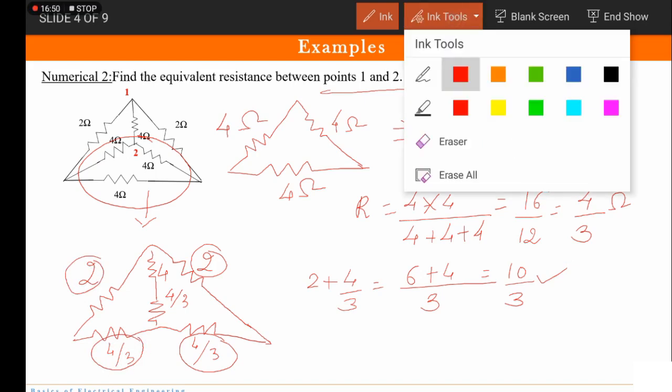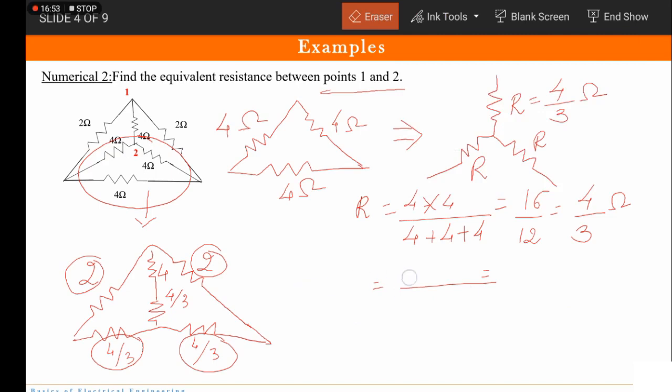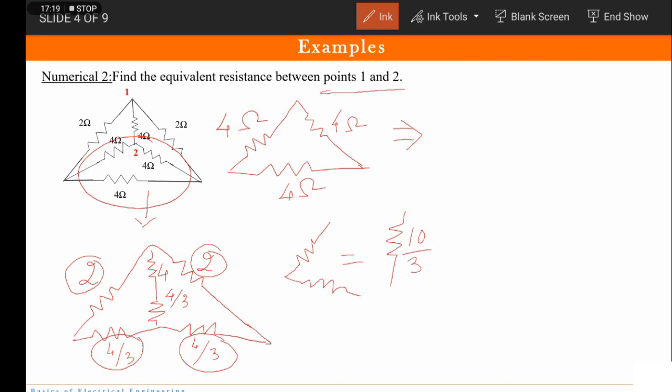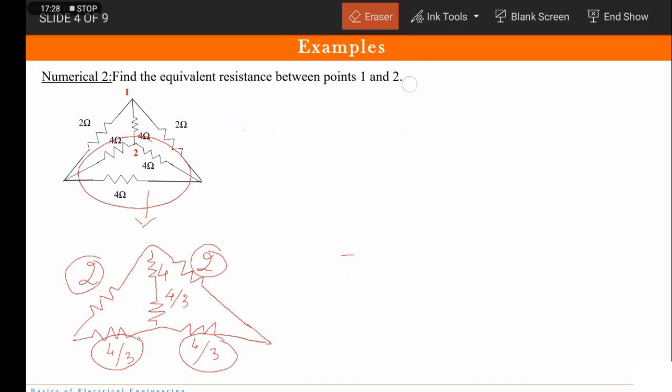Fine. So I'll just simplify it and I'll show it to you. How do they look? It means that this 2 and this 4 by 3 can be replaced by a single resistance of value 10 by 3. Fine. Now we will draw the new equivalent circuit. I will not erase everything so that it is available for reference.